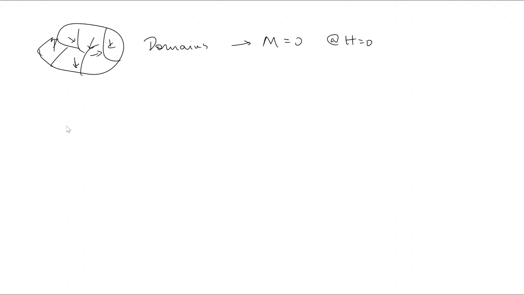Now imagine that we have the same material, but with anisotropy, with the easy axis pointing vertical. So what would happen is that despite the fact that we have H equals 0, we would have an effective anisotropy field.